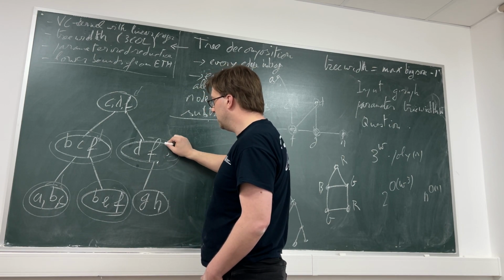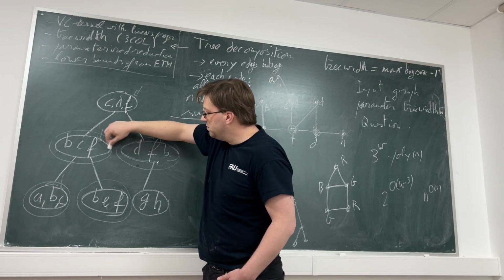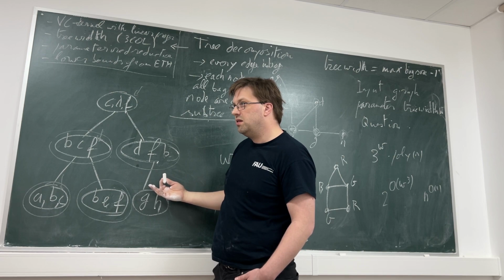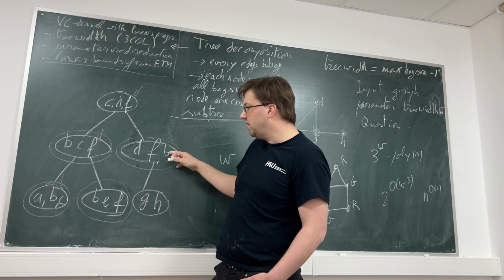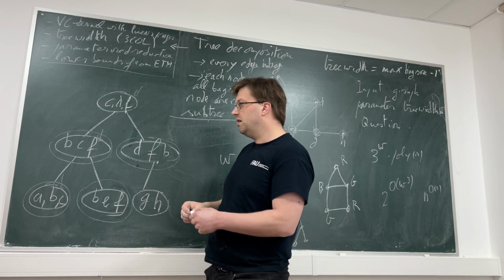So here we have 4 nodes, but there is no edge between these nodes, and therefore it's not allowed. All the bags that contain a given node must form a connected subtree.